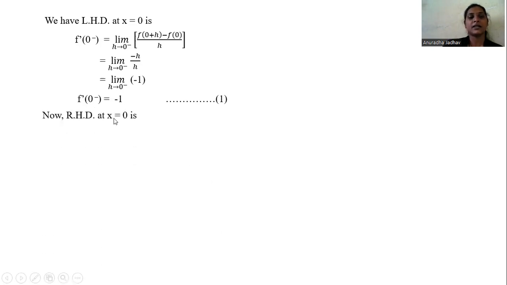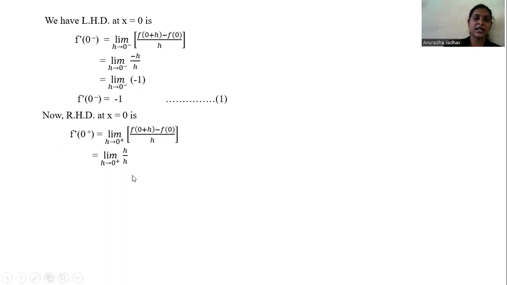Then we find the right hand side limit at x is equal to 0. Same procedure, f dash of 0 plus is limit as h tends to 0 plus of f of 0 plus h minus f of 0 upon h. Here we take the values x greater than or equal to 0. Therefore, we consider the function f of x is equal to x. Therefore, f of h is equal to h.